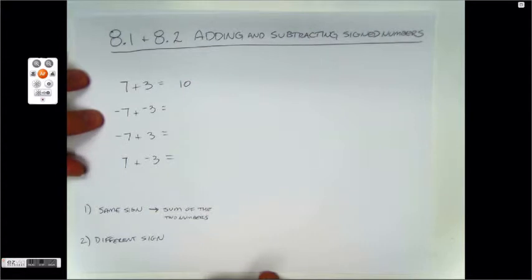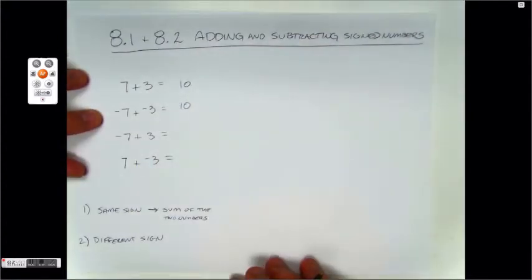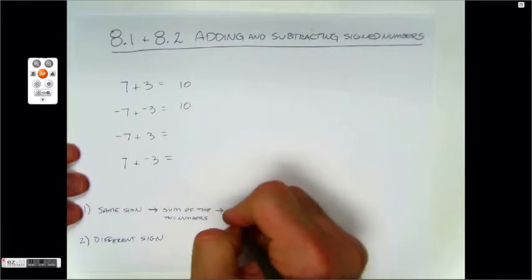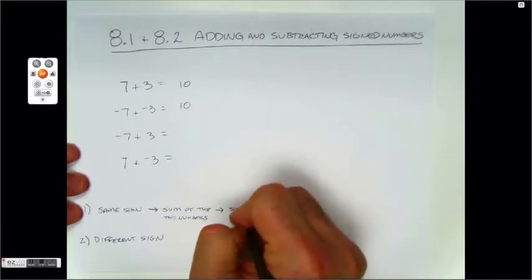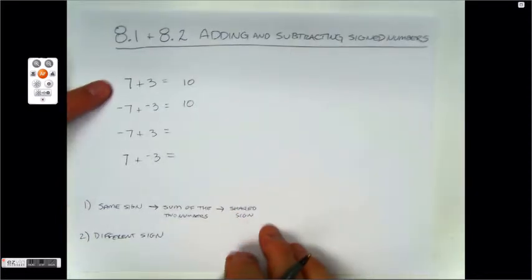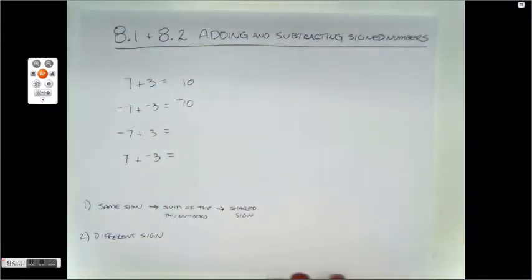These are also the same sign, so I want you to take the sum of the two numbers, which is 7 plus 3 is 10. Okay? Now, once you take the sum, I want you to keep the shared sign. The shared sign here is positive, so this stays positive. The shared sign here is they both have a negative, so this is a negative 10.